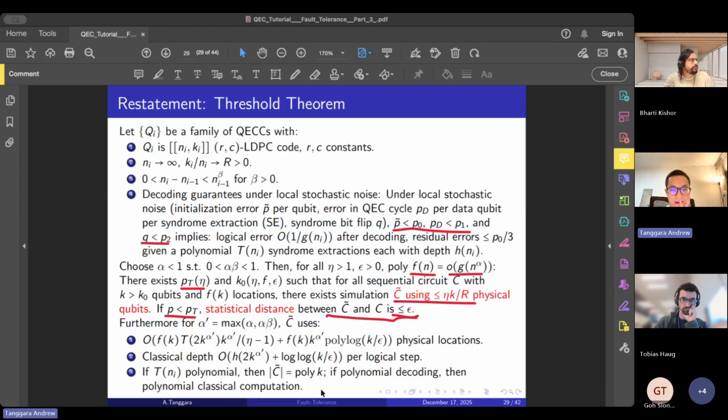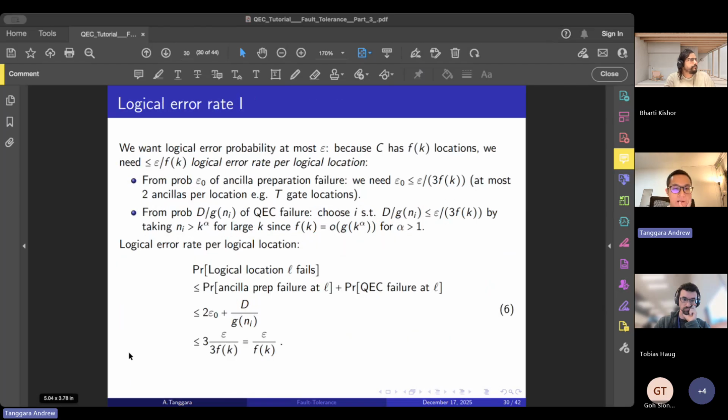And then later on we're going to go through these other overheads like locations and classical computation.